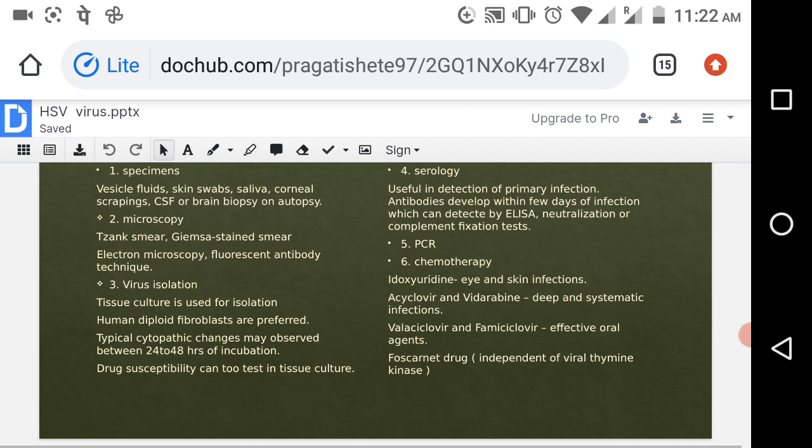Okay, idoxyuridine is the first discovered successful clinical antiviral agent.